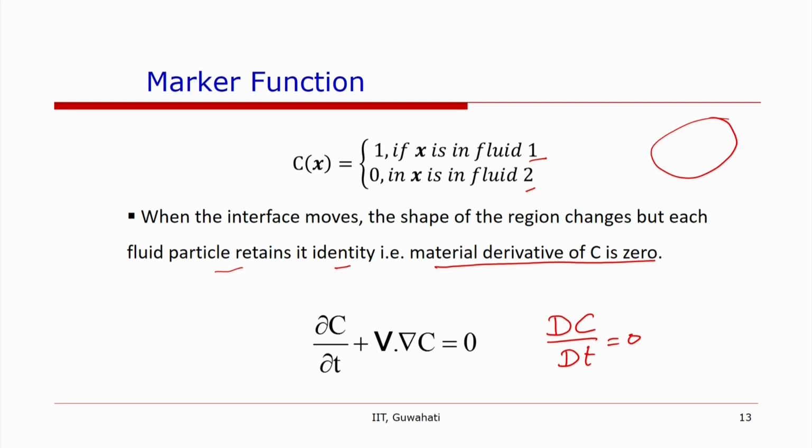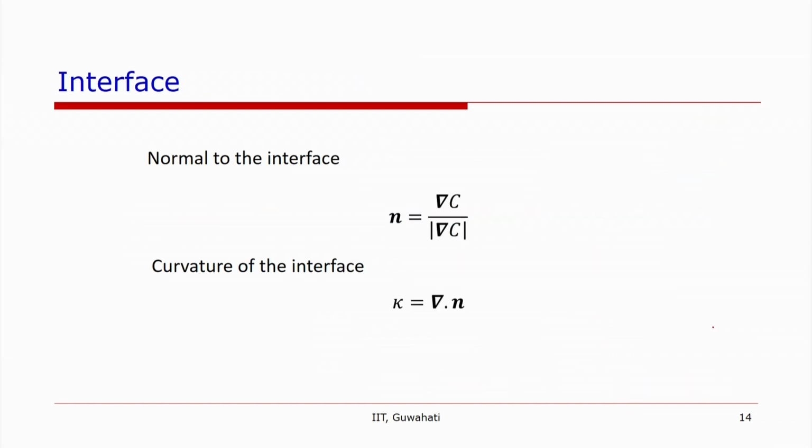We had two conservation equations, mass conservation and momentum conservation, plus one advection equation for the color function, or the marker function. This Markon function is also known as the color function.